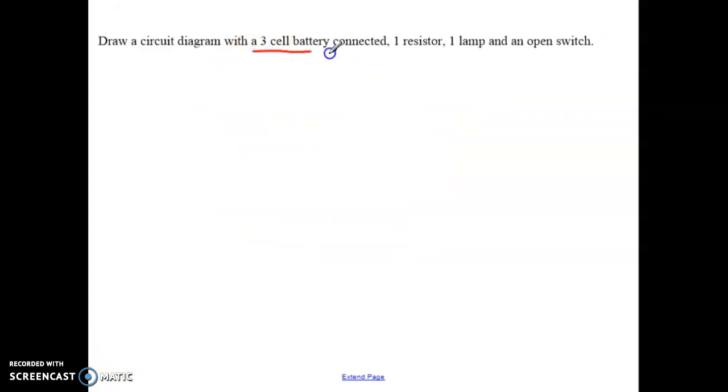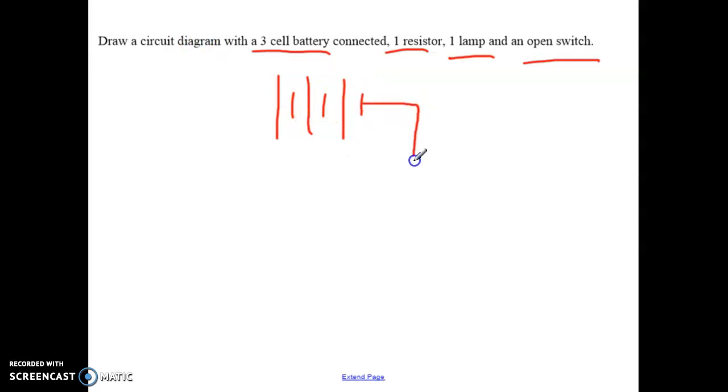So we have a 3-cell battery, 1 resistor, 1 light bulb or lamp, and an open switch. Okay, so 3-cell battery, remember that's 3 sets of big and small. So here's 1, 2, 3 sets. We have 1 resistor.